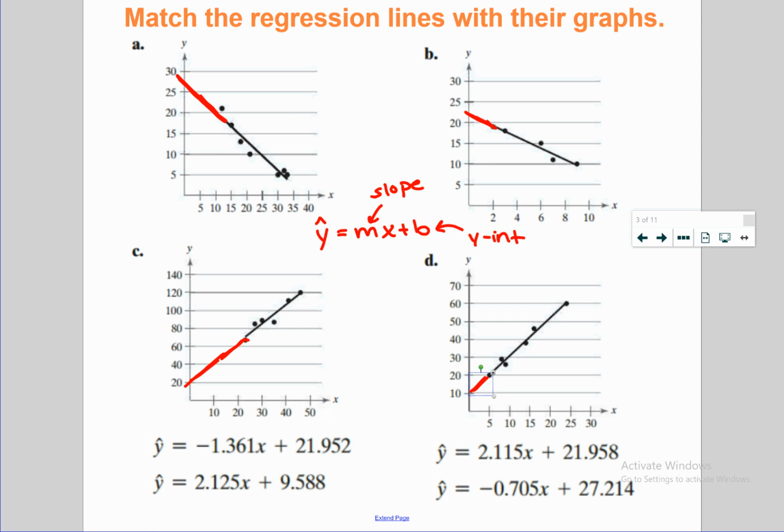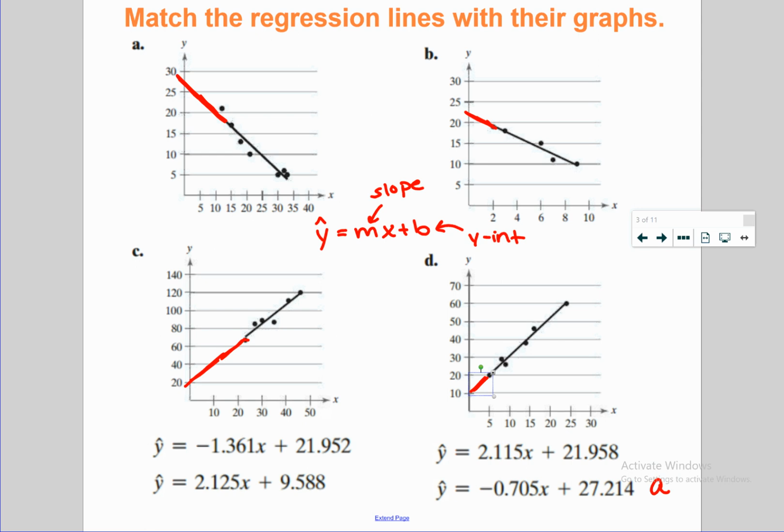All right. So letter A, does it have a positive or a negative slope? Negative. It has a negative slope because it's going down. So that narrows it down to the first one on the top left or the bottom right. And then we can look at the y-intercept from there. So is my y-intercept at about 21 or about 27? It's about at 27. So that bottom right one is going to match graph A. Graph B then, what would you say that guy is?